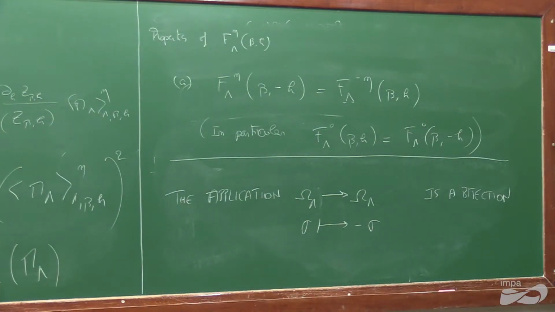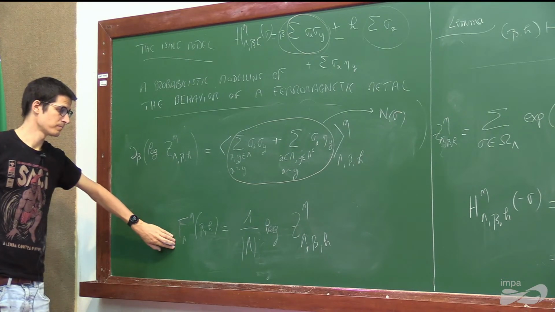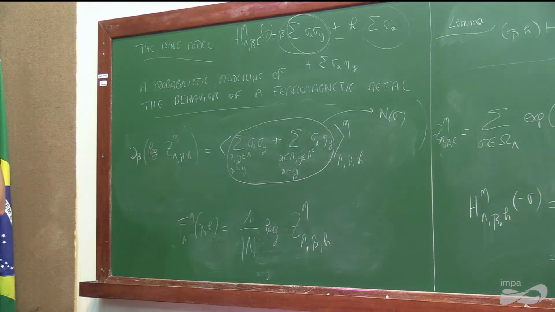Okay, so since we want to consider the limit of our system when the size of the box tends to infinity, maybe the first thing we can try to do is to take the limit of this function when the size of the box tends to infinity, okay?